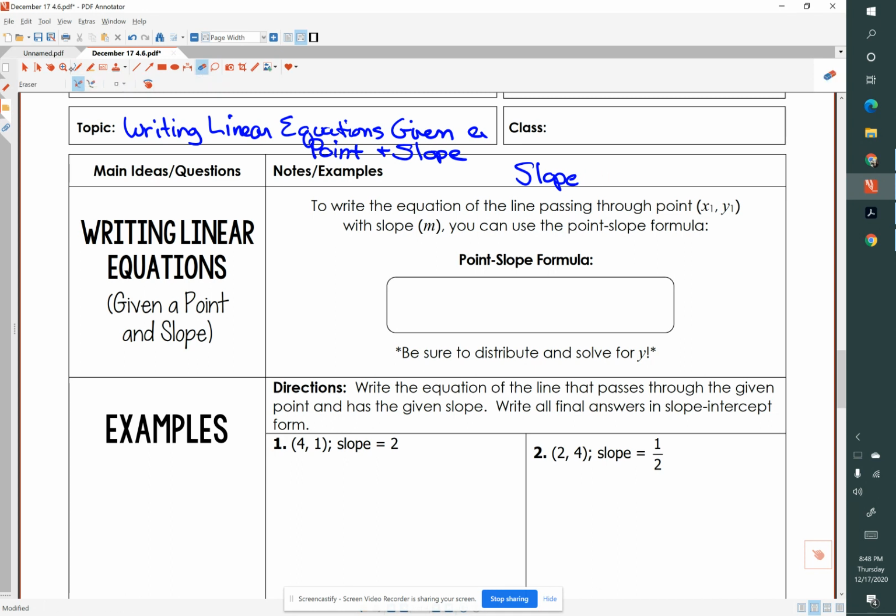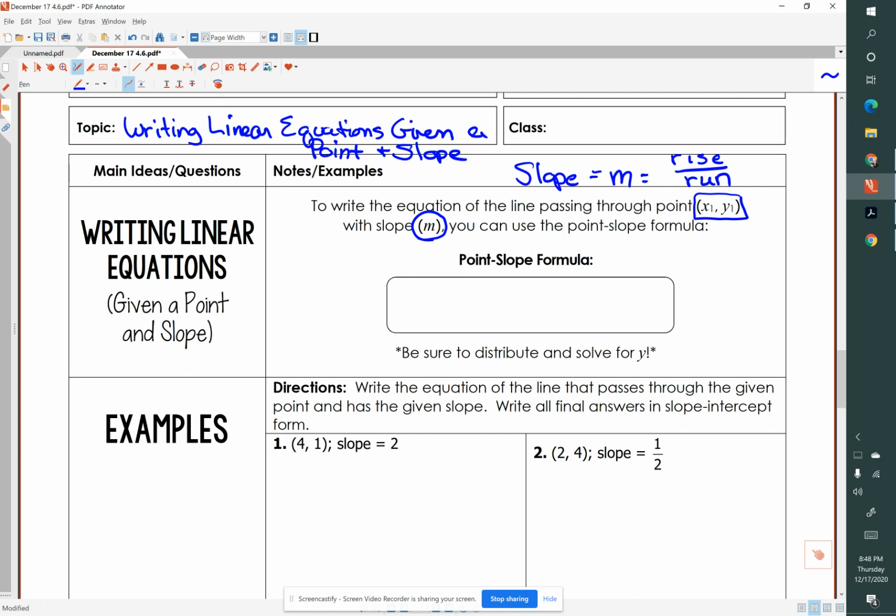and we write it as rise over run. So to write the equation of the line passing through a point, and we're going to call this point x1, y1, with a slope of m, you can use the point slope formula.